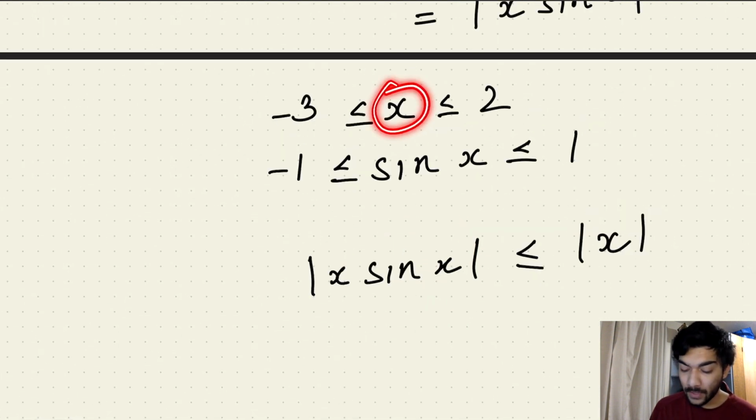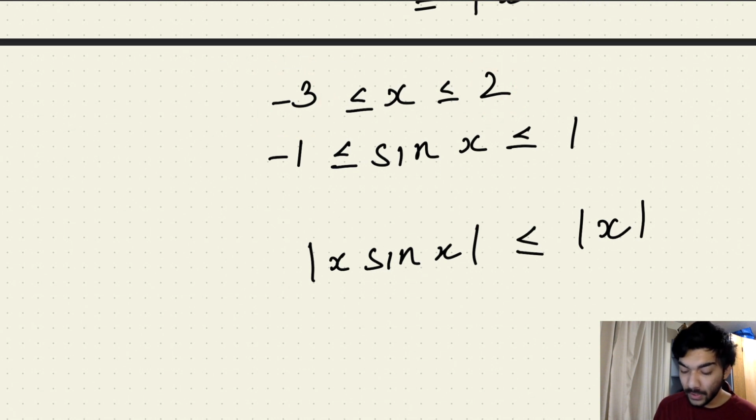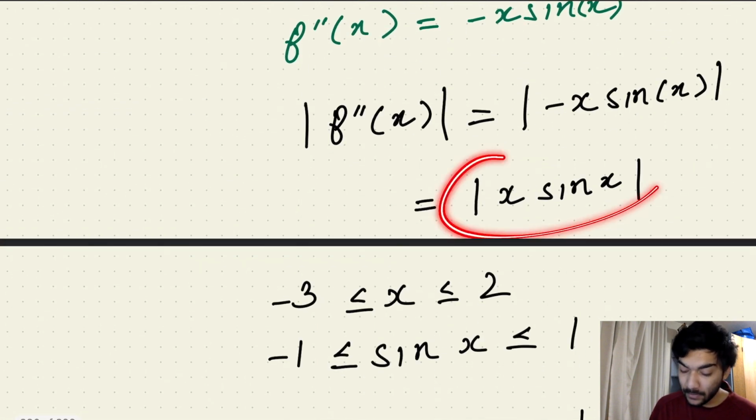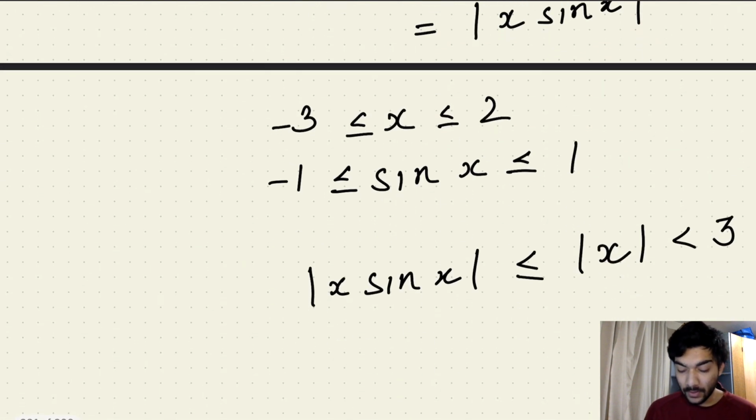And now we also know the bounds of x. x is varying from minus 3 to 2. When x is minus 3, the absolute value of x would be 3, right? So 3 can be a reasonable guess for the maximum value of this expression. And again, in order to solve this question, we only use the properties of trigonometric functions, since sin x is a bounded function which can have a maximum value of 1.